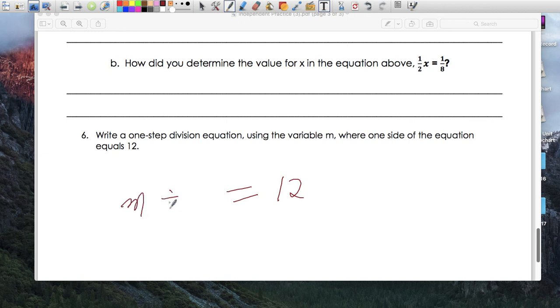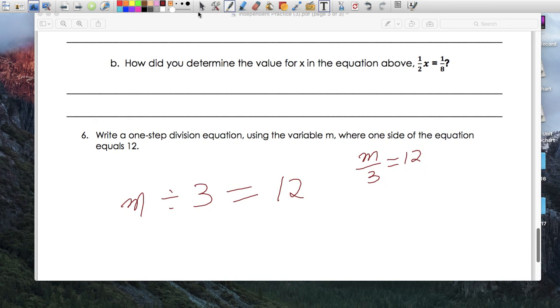How about m divided by something equals 12? M divided by 3 equals 12. You can write it like that. You can also write it like that. M divided by 3 equals 12. So these two have the same meaning. And that's it. It's not even asking us to solve and find the value of m. So this would have been okay. That's all they're asking us.